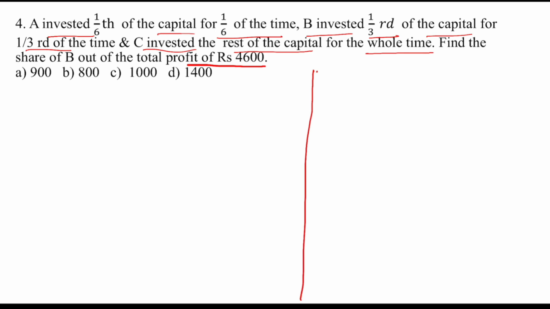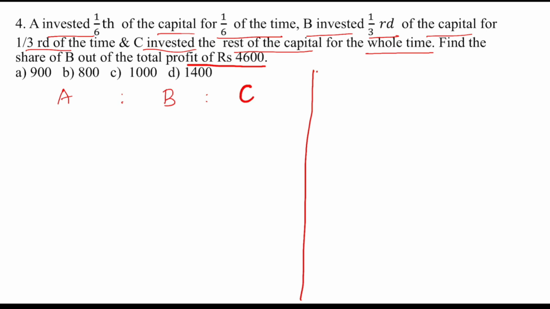Now we want the profit ratio of A, B and C, because when we get the profit ratio then only we can divide the total profit between A, B and C. So how to get the profit ratio? Investment into time.